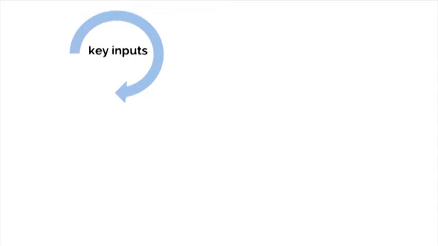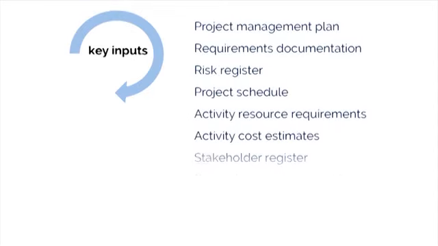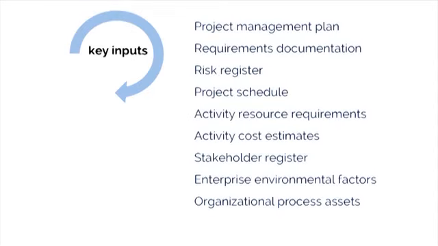The key inputs in this process include the project management plan, requirements documentation, and the risk register, which provides a list of the risks along with the results of risk analysis and risk response planning. The project schedule is another key input which contains information on required timelines or mandated deliverable dates.